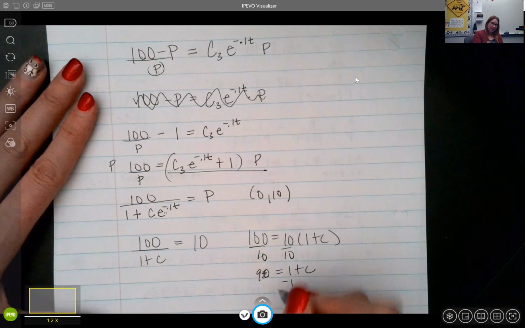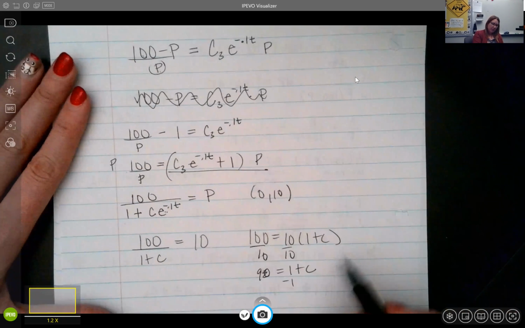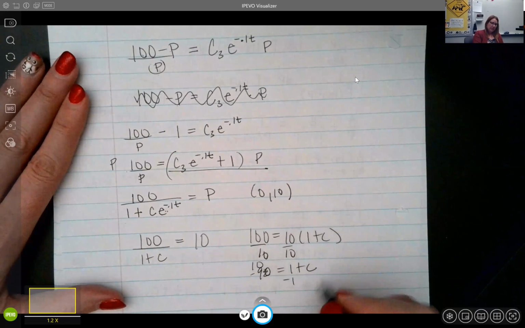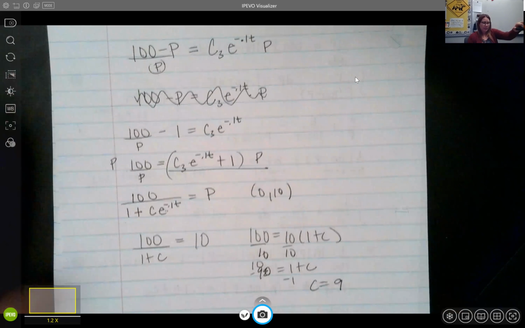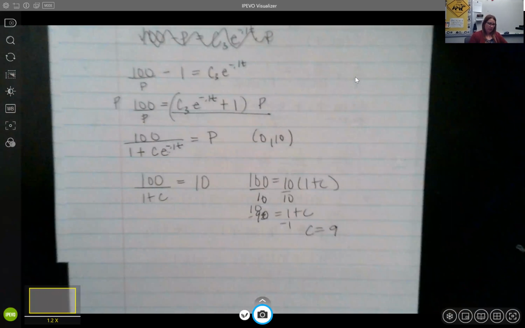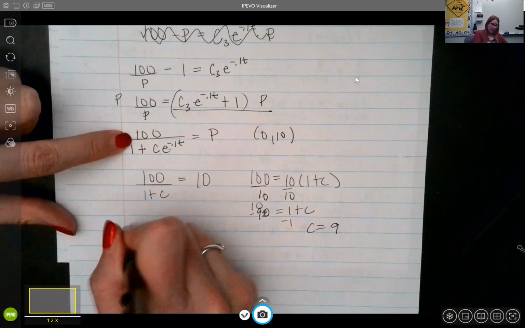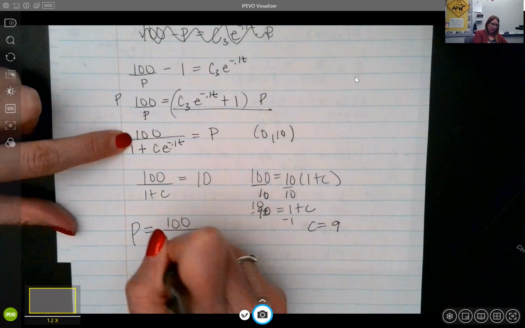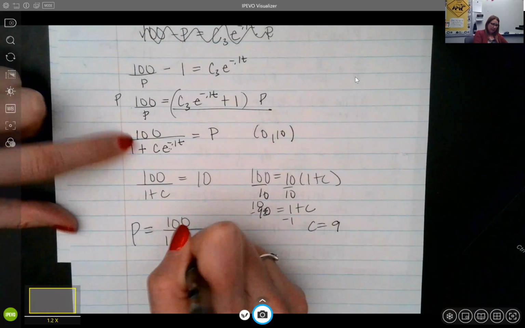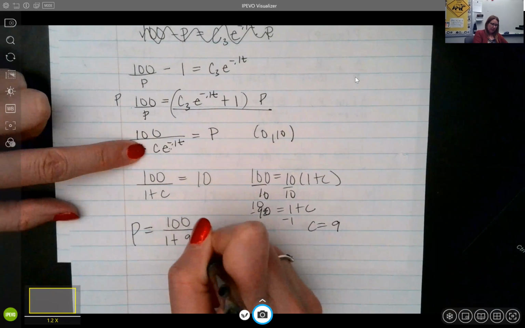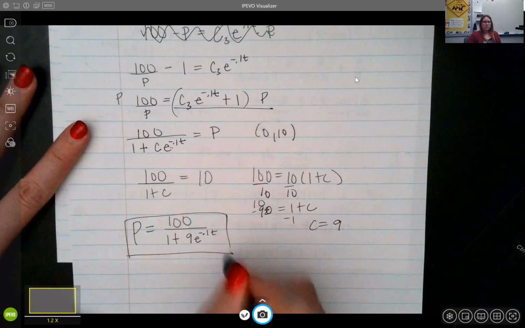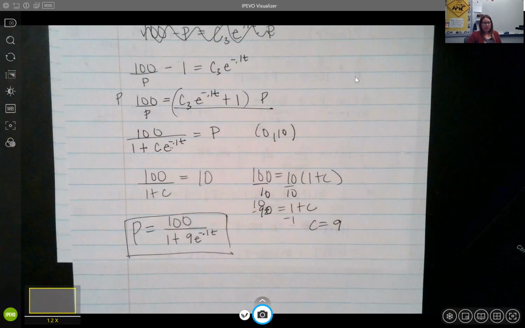I did it too fast in my head. 100 divided by 10 is 10, and then 10 minus 1 is 9. So c equals 9. Going back to our formula, p equals 100 divided by (1 plus 9 e to the negative 0.1 t). And we're done. From here, you could find your carrying capacity is 100.